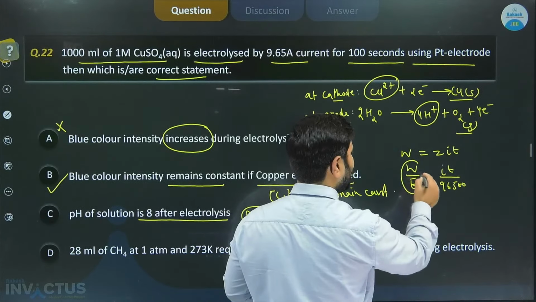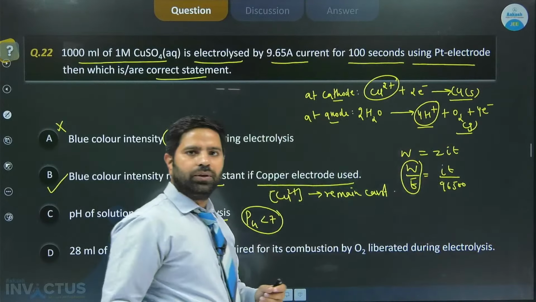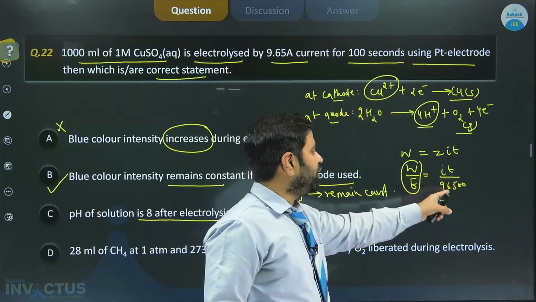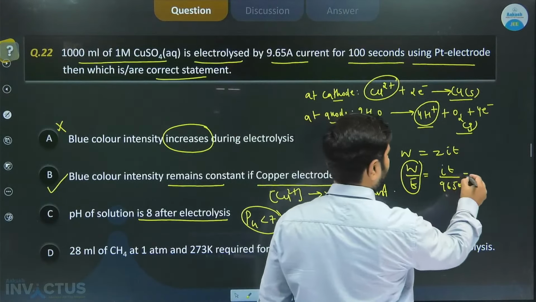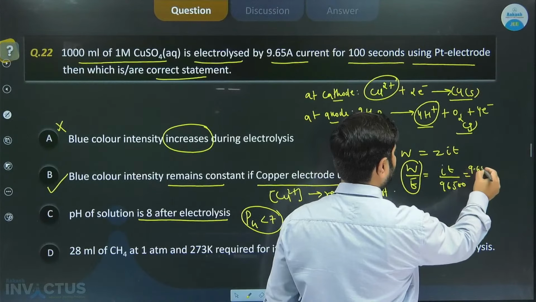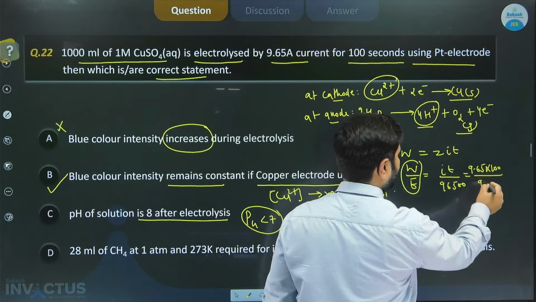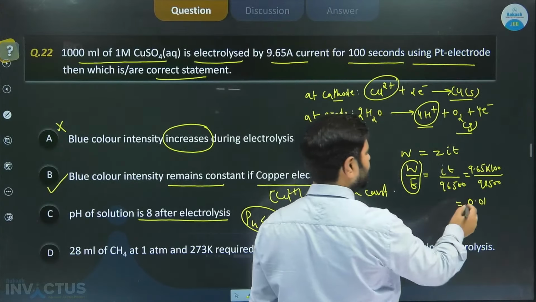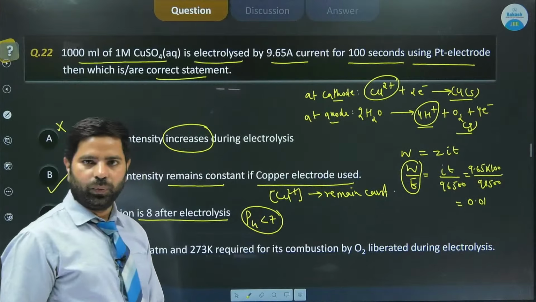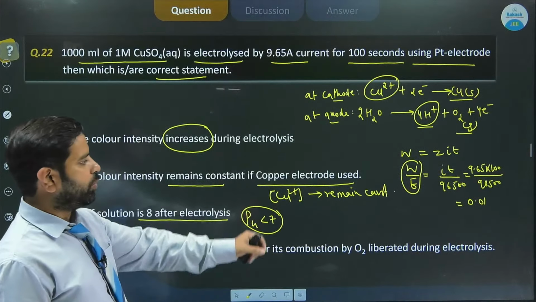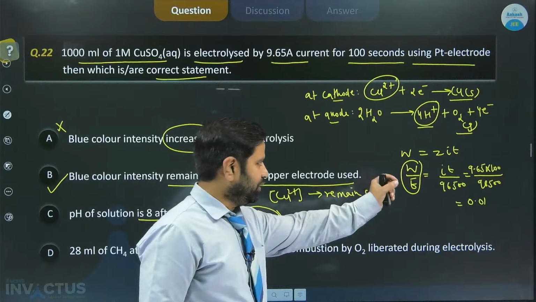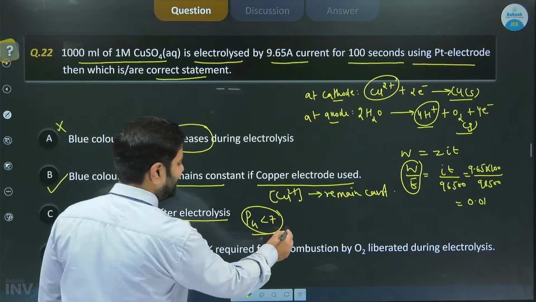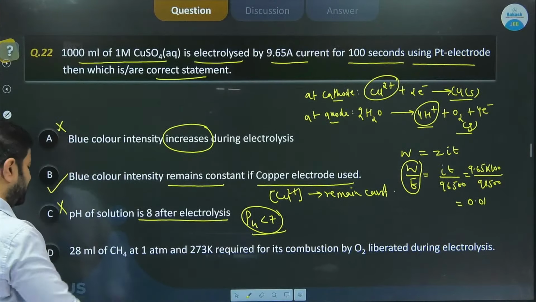From here we can calculate the equivalents of H+, as we know the current and time. The number of equivalents would be equal to 9.65 × 100 divided by 96,500. When you solve it, you will get the number of equivalents equal to 0.01. So the number of equivalents of H+ ions is 0.01. You can simply calculate the pH of the solution, and that will be less than 7. So this is again an incorrect option.